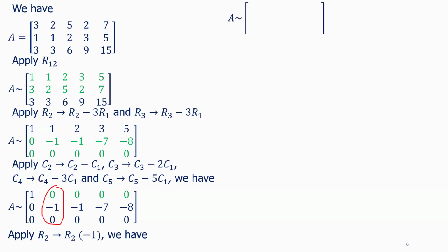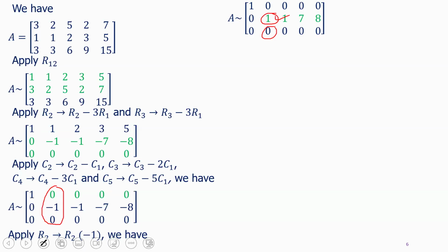Then what do we have? We have 1 0 0 0 0, 0 1 1 7 8 and 0 0 0 0 0. Now, once this A22 becomes 1, then using this one, we have to make the element below it 0, which is already 0. So no need to apply the row operation here.